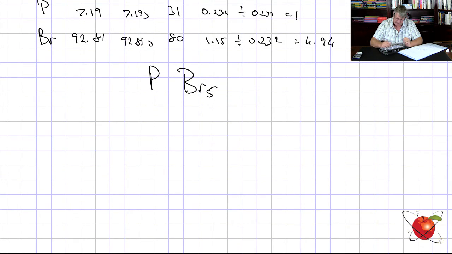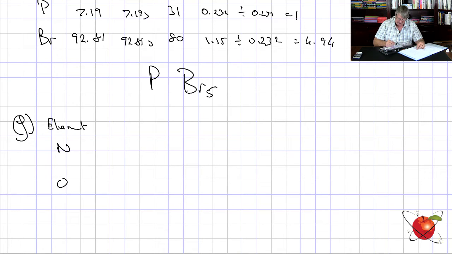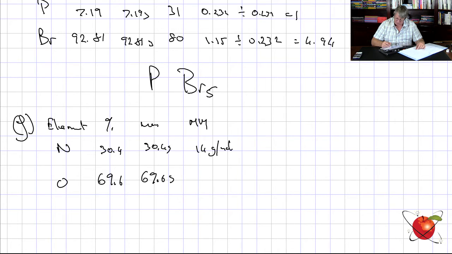All right. Let's have a look at the next one, which is F. Okay. F, they've given us the elements N and O. Okay. And the percentage is 30.4, 69.6. Okay. Mass: 30.4 and 69.6 grams. Okay, Mm is 14 grams per mole, remember?